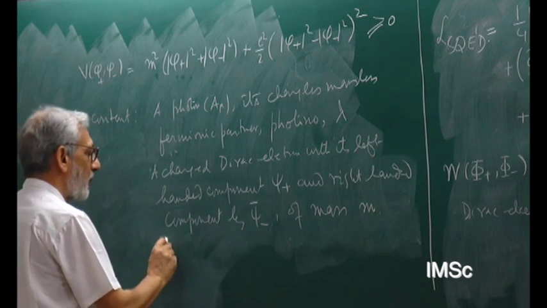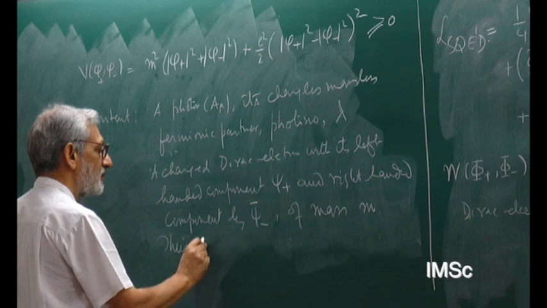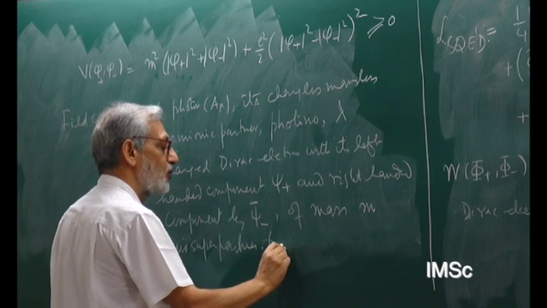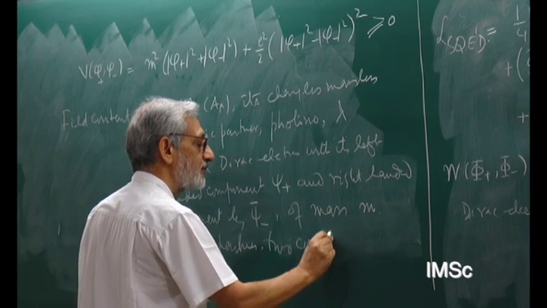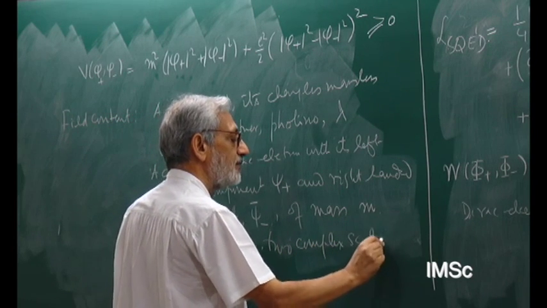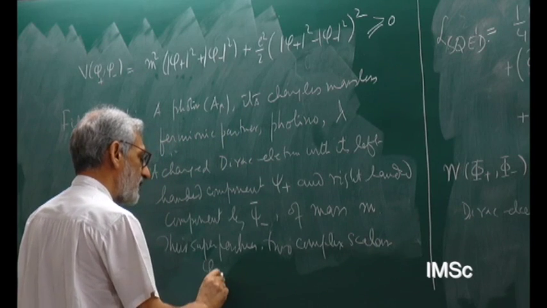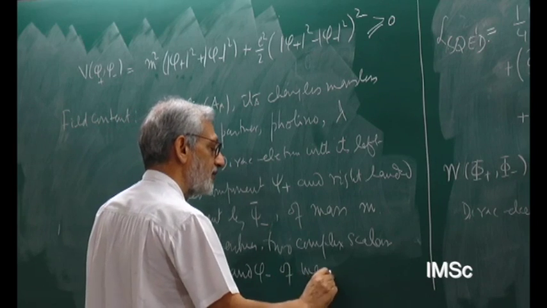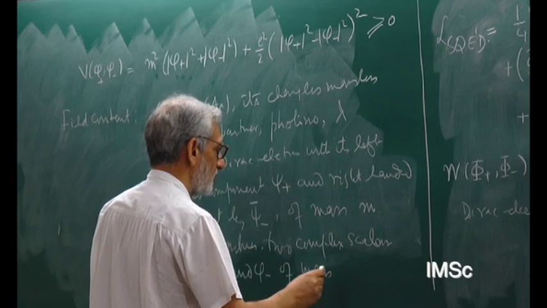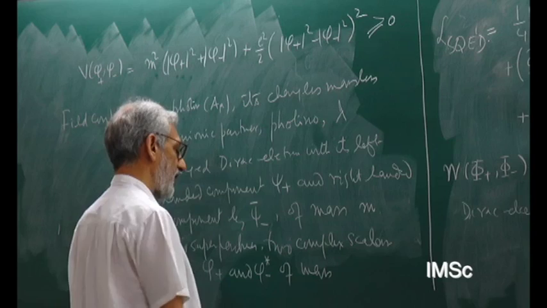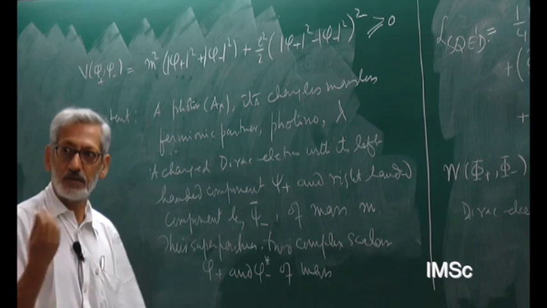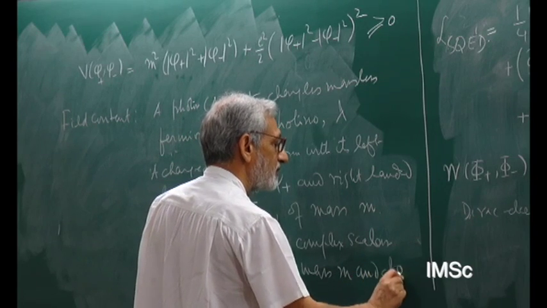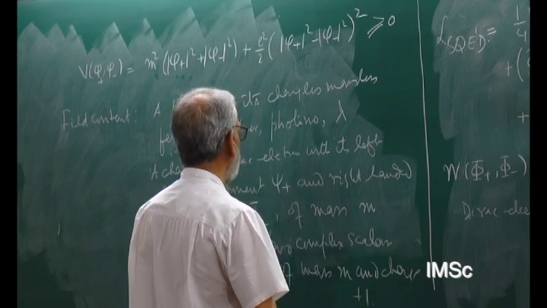And then their superpartners: two complex scalars, phi plus and phi minus, of mass m, with phi plus and phi minus star of charge plus 1.